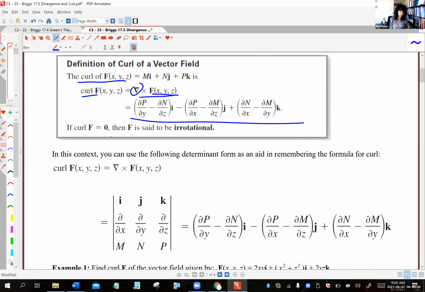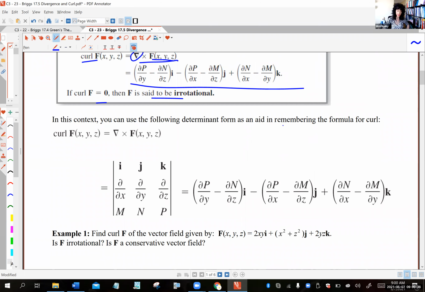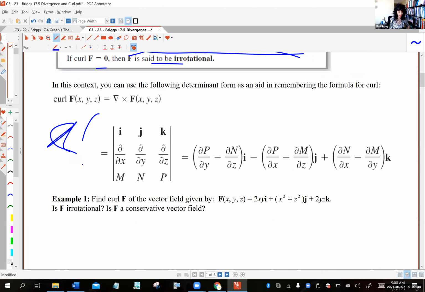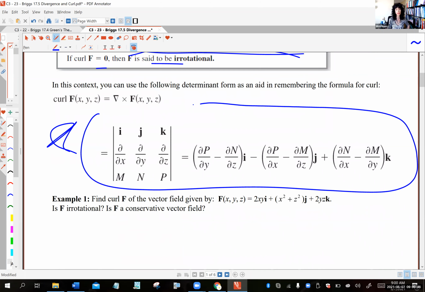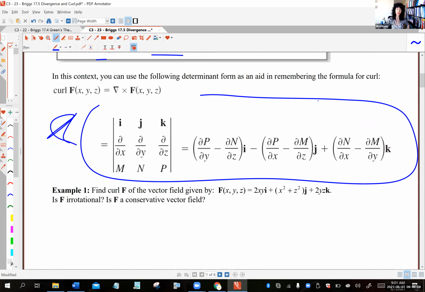If your curl is 0, we say your vector field is irrotational. Now, I prefer that you not use this definition to get your curl. I want to see the determinant method when you do a quiz or exam. Why? Because in your future, you're not going to remember all this, but you can very easily derive the curl if you remember the determinant method. That's why I want you to do this for your future.